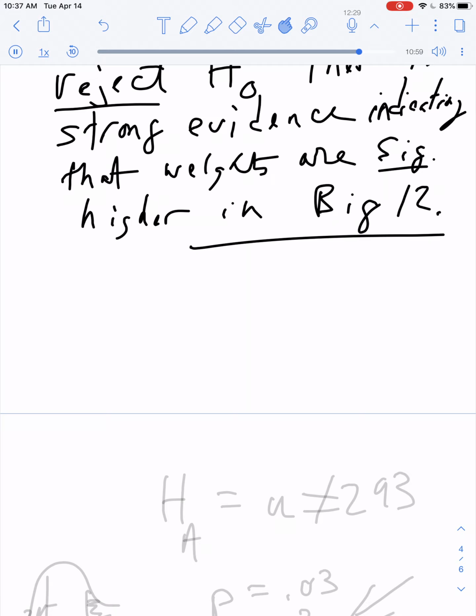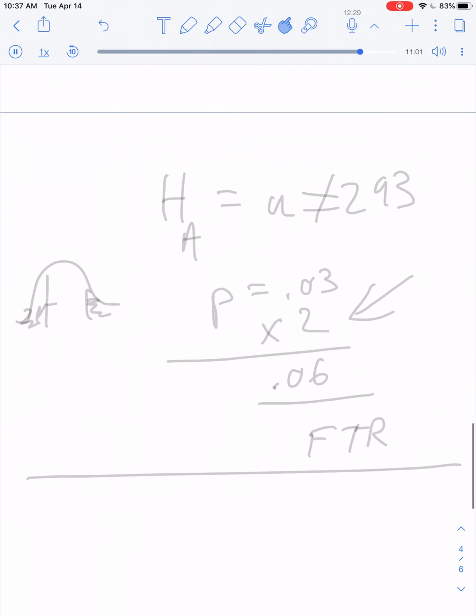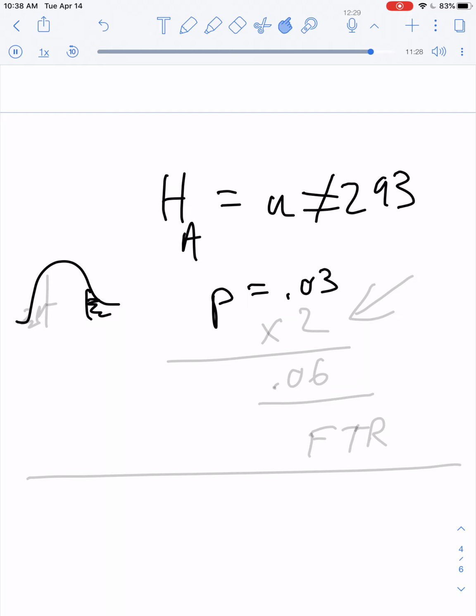Now, if this was a two-tailed test, and I just said, I think the Big 12 is different than nationally. I don't say it's bigger or lower. I just say I think it's different. My alternative hypothesis would have been mu not equal to 293, in which case, when I got a p-value of 0.03 just a minute ago, if it's a two-tailed test, because I said it's not equal, it could be above or below, could be up here or down here, I would take my p-value of 0.03, multiply by 2, and get 0.06.